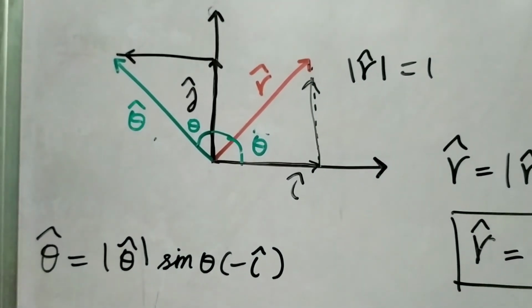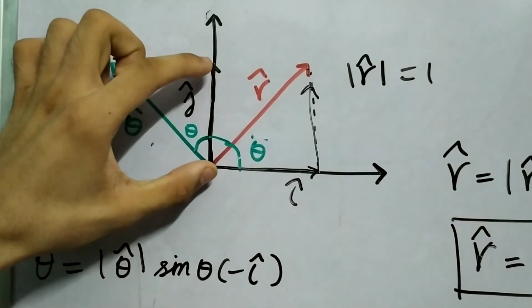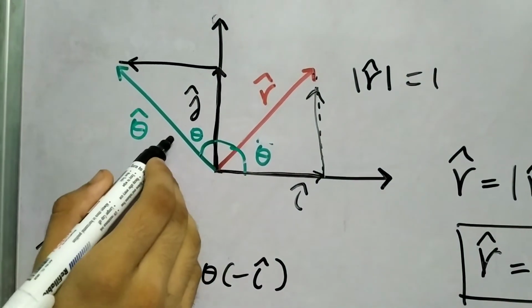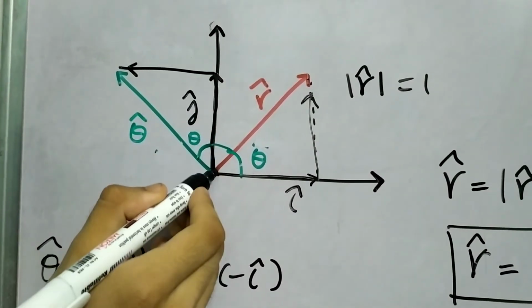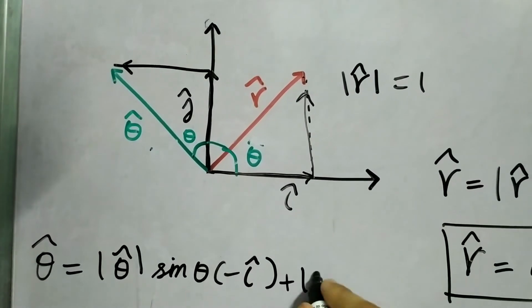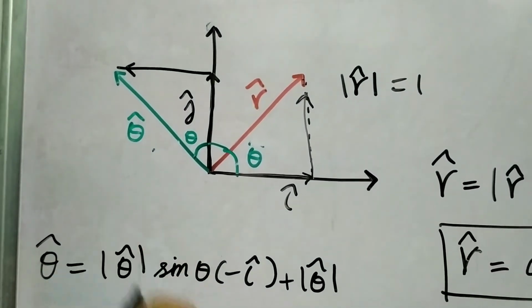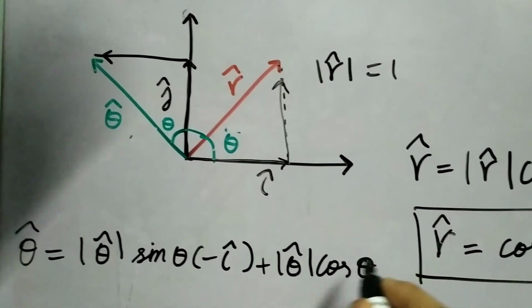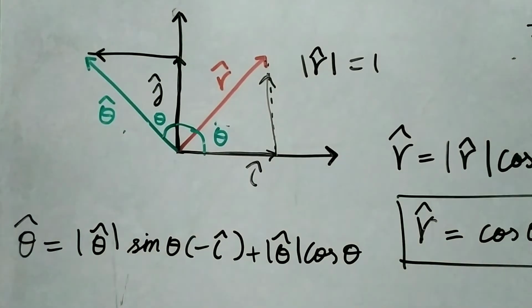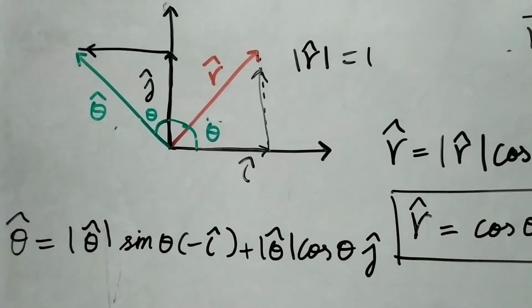Now we resolve this in the j direction. You need to find this length. This is plus magnitude of theta cap times cos theta, j cap.